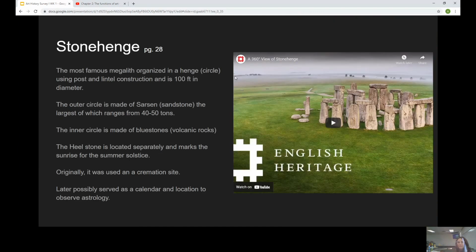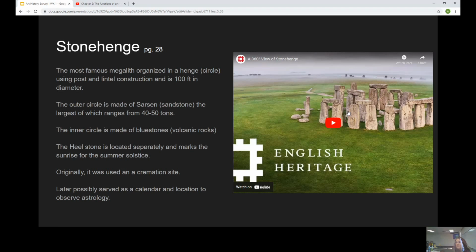And of course, that takes us to the last one and the most famous one, Stonehenge. Stonehenge uses a simple post and lintel construction. Posts are the ones that go like this, lintel, this, post, lintel. And of course, once again, very heavy stones.